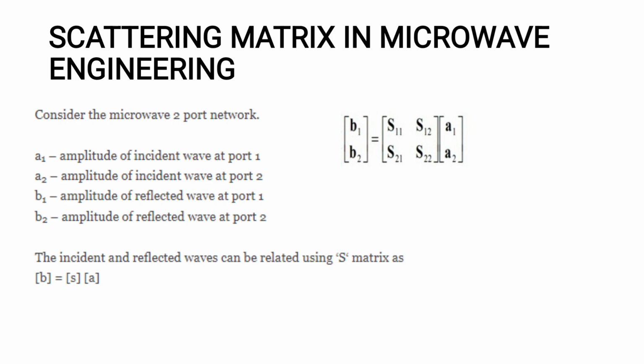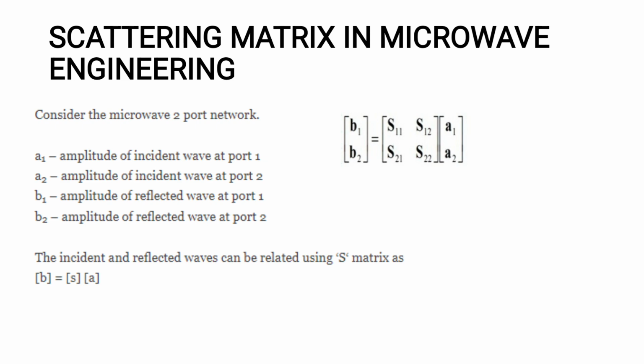B1, B2 equals the matrix S11, S12, S21, S22 times A1, A2. Here A1 is the amplitude of the incident wave at port 1 and A2 is the amplitude of the incident wave at port 2. B1 is the amplitude of the reflected wave at port 1 and B2 is the amplitude of the reflected wave at port 2.